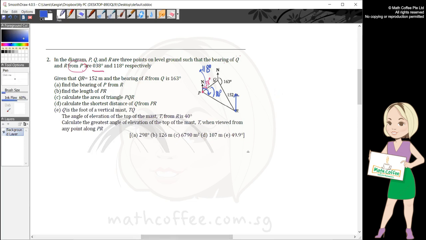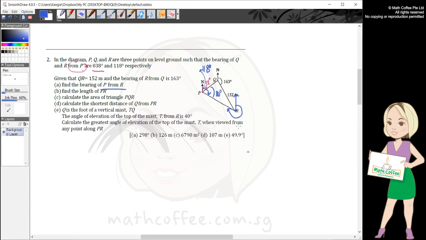Okay, and then after that, they say what? Q, right? So I have to find PRQ. So this is the angle that they tell me. Wait, did I put wrongly? Oh, no, sorry. This is the one they're asking me. So it should be from here until here only, because it's P from R. So at R, I put the North Pole, then I go clockwise to find the line RP.